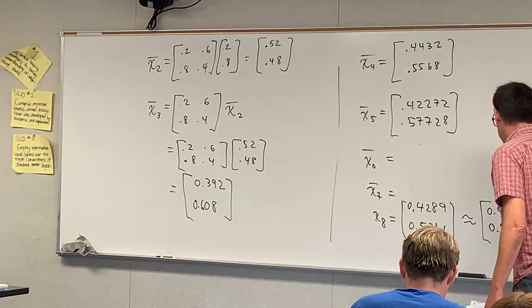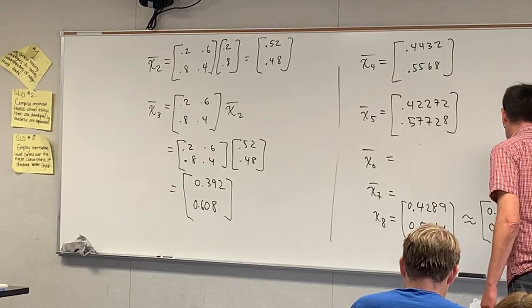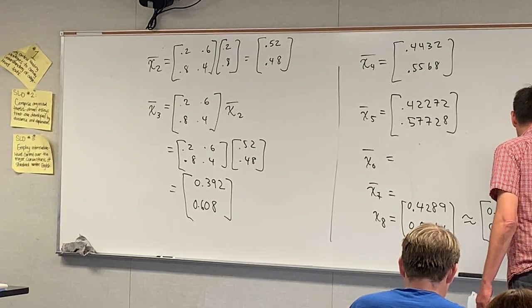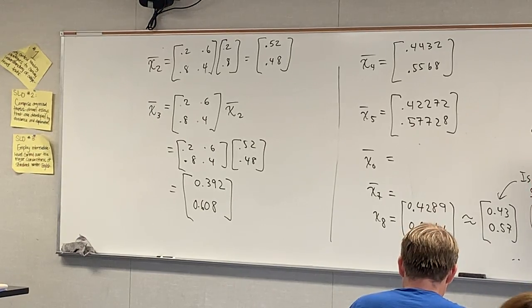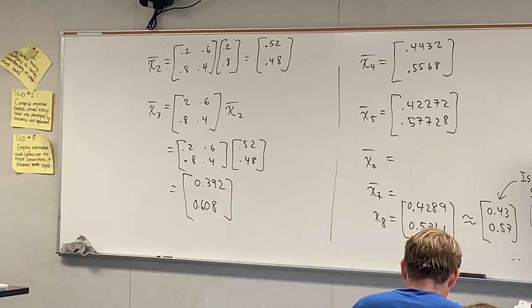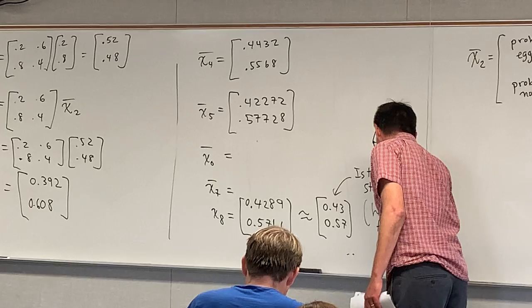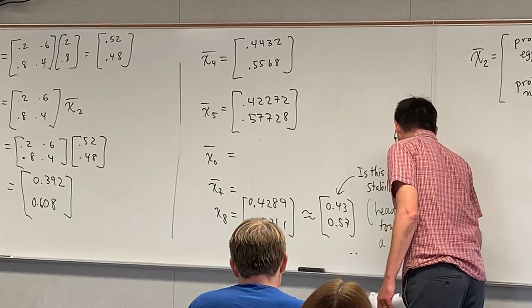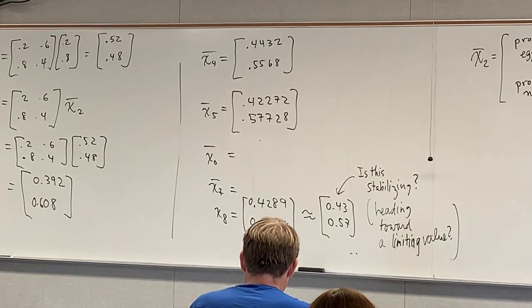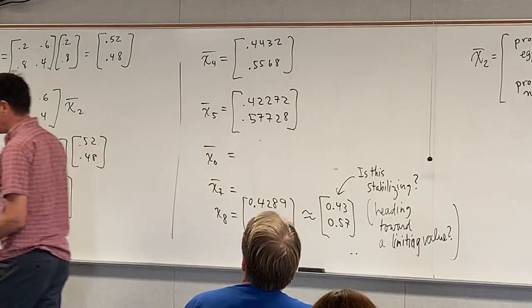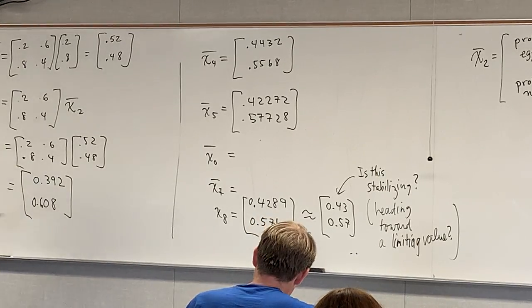So the question is, is this stabilizing in some way? Are we heading toward a limiting value? And before we answer that, I want to go to the B situation on the handout, okay?